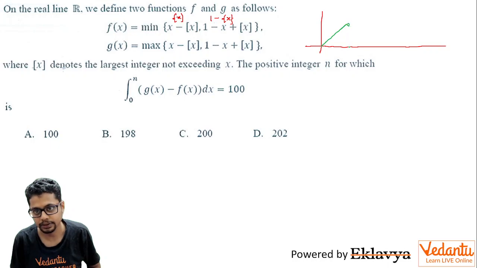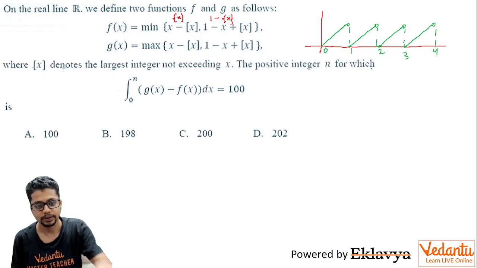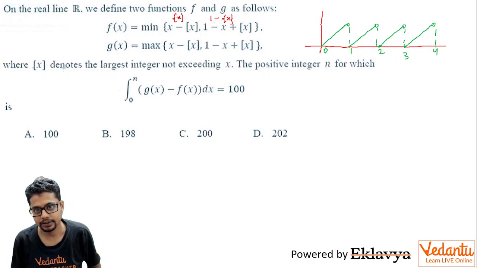Similarly you can say this is the fractional part of x, this is the fractional part of x, and if you see carefully, this is 0, 1, 2, 3, 4, you may say. Like this, like this. And what about 1 minus the fractional part of x? It is essentially this.